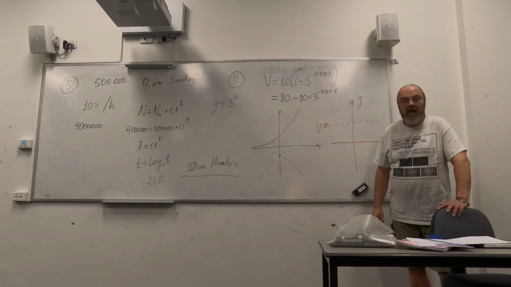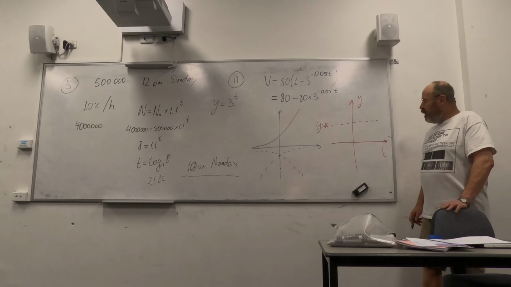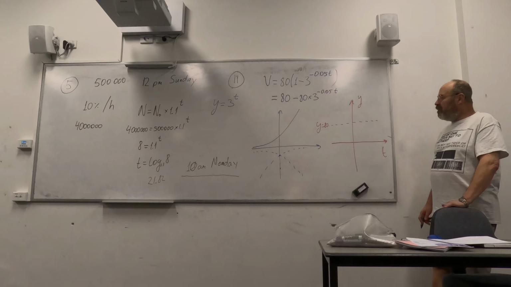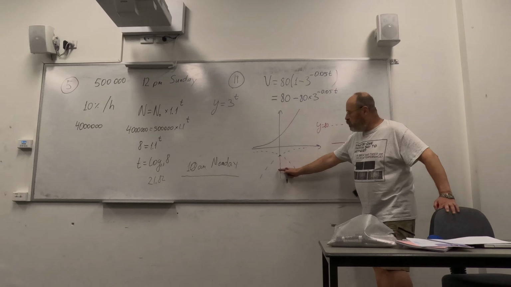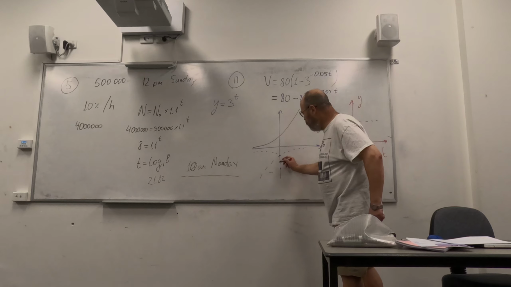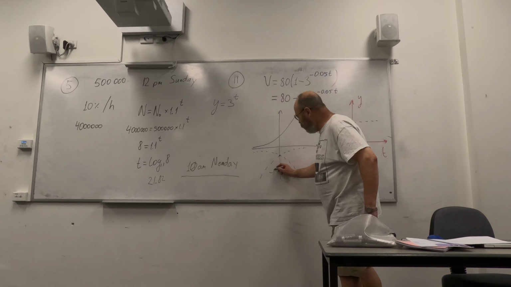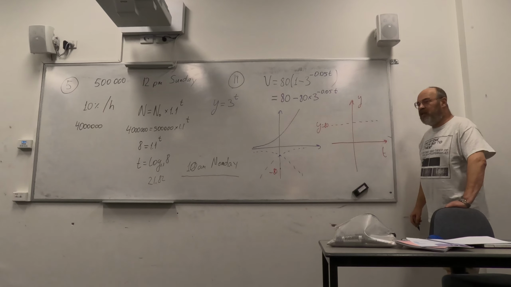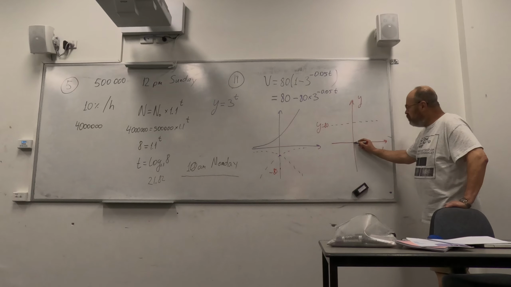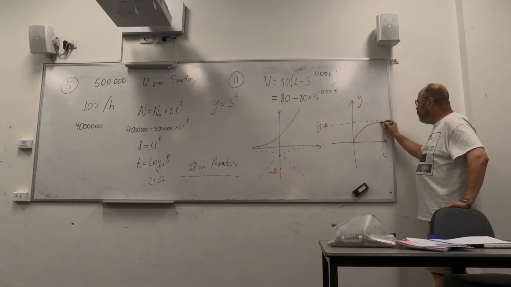No, because it's time, it starts at 0. After reflection that point was negative 80, plus 80 gives 0. And that is how the graph will look.